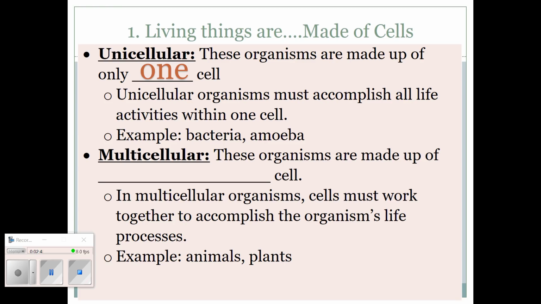Organisms that are made up of more than one cell are called multicellular. The cells in a multicellular organism work together in order to perform a function. And of course, humans are an example of a multicellular organism.